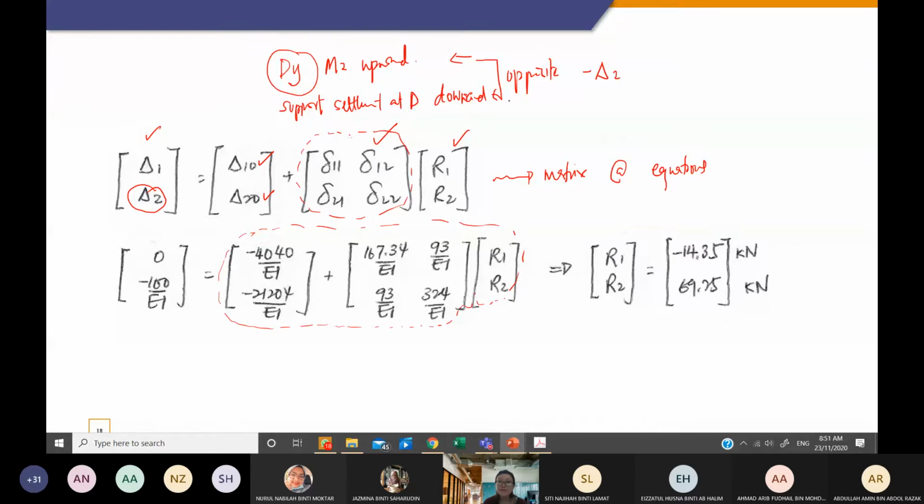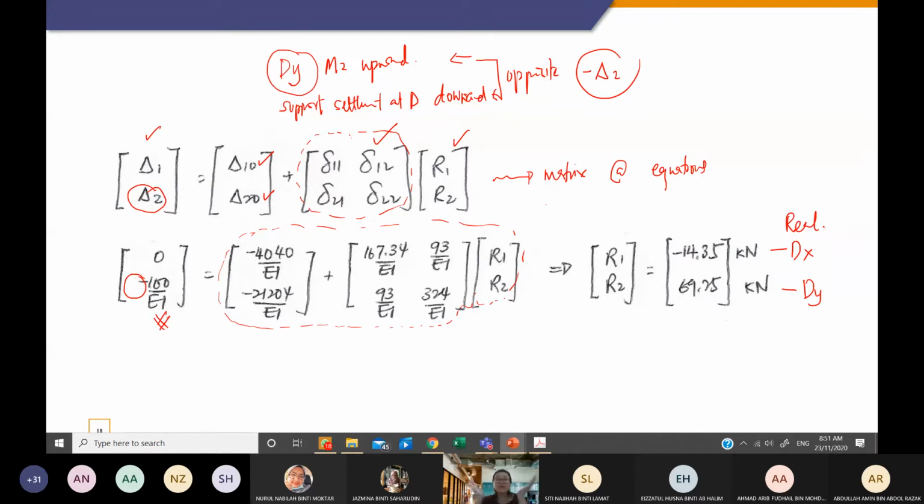But if this is the same sign, we give a positive sign for delta 2. Okay, that is why you have a negative here. So you have to put in the value and solve for R1 and R2. And don't forget R1 is dx and R2 means dy for the real support reactions.